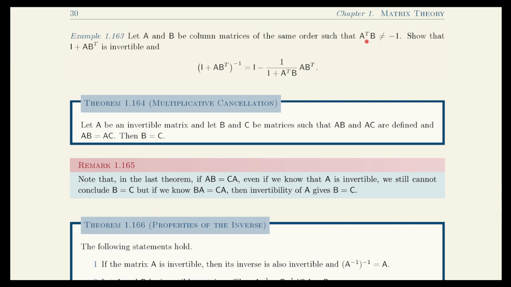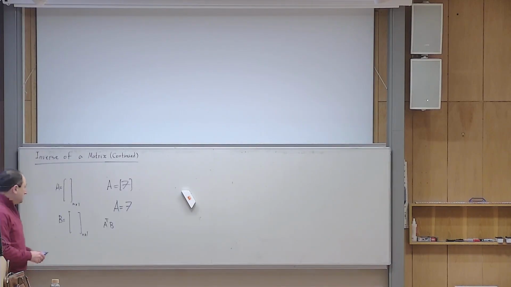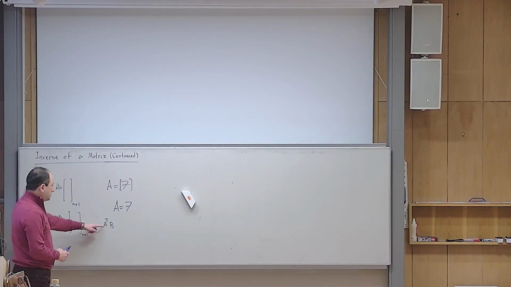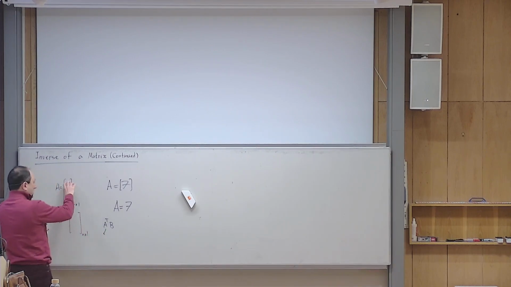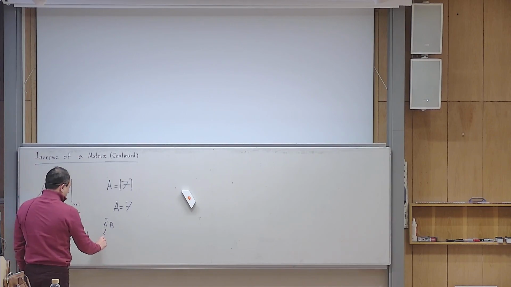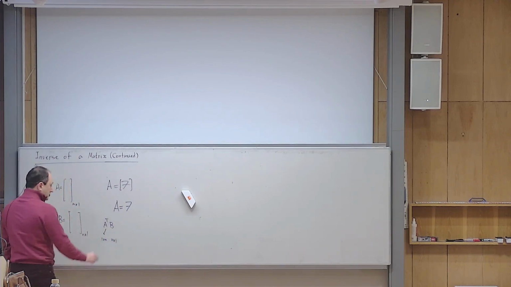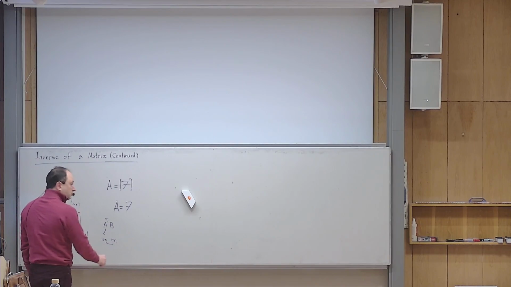Why is that possible? Because A is a column matrix, for example n by 1, and B is also a column matrix of the same order, n by 1. If I calculate A transpose B, what do I get at the end? 1 by 1. Because A transpose becomes 1 by n, since I interchange the row and column, and B is n by 1, so when I multiply them it becomes a 1 by 1 matrix.